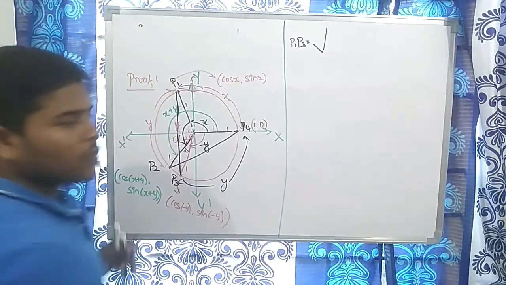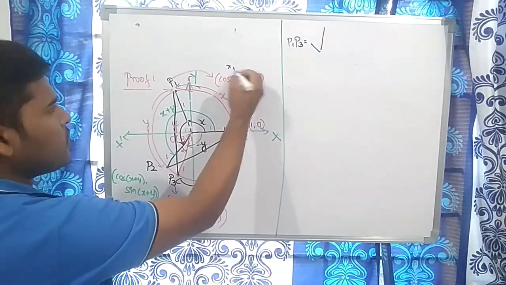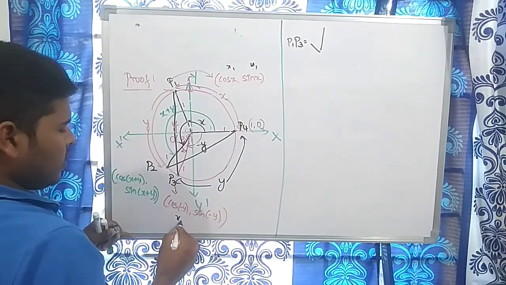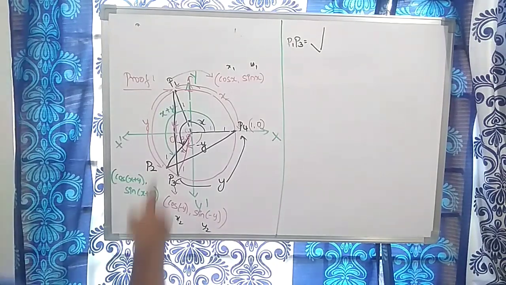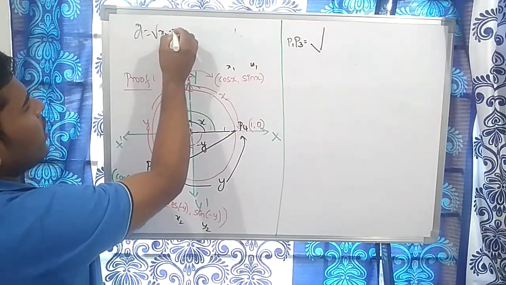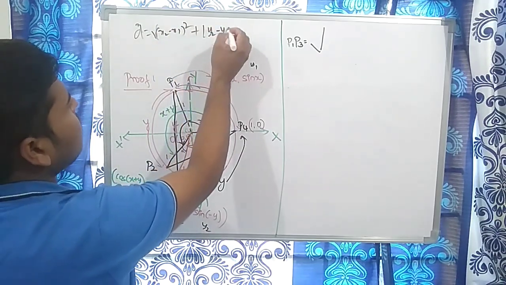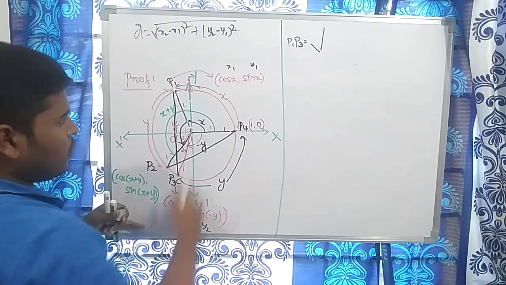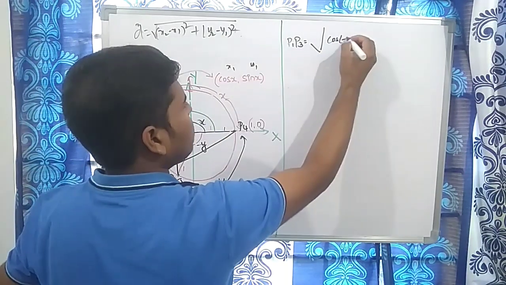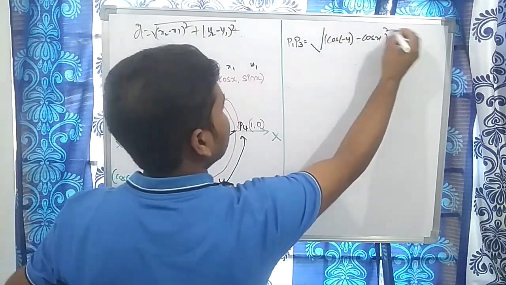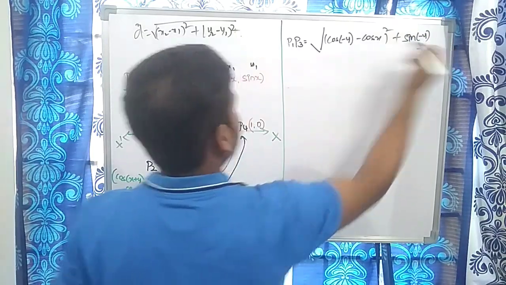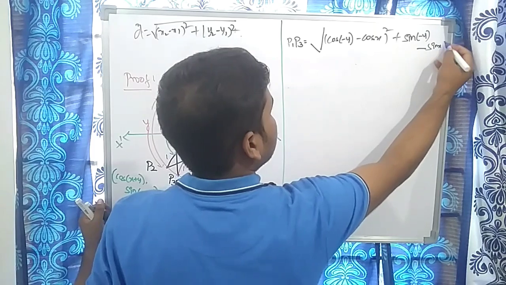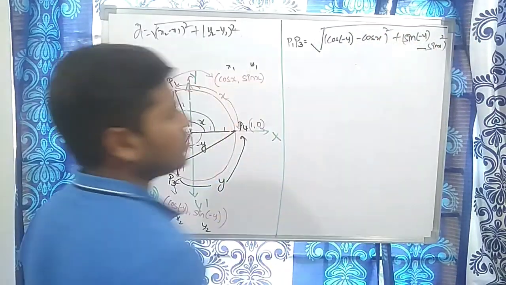We have a formula, square root of x2 minus x1 whole square plus y2 minus y1 whole square, where the points are x1 y1 and x2 y2. Substituting: cos of minus y minus cos x whole square plus sin of minus y minus sin x whole square, all under the square root.